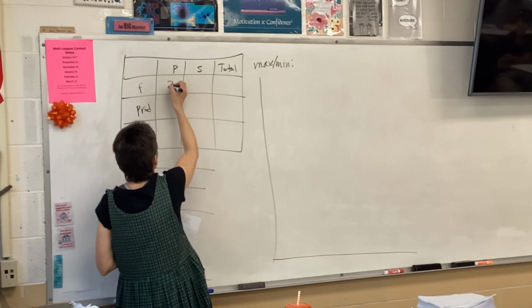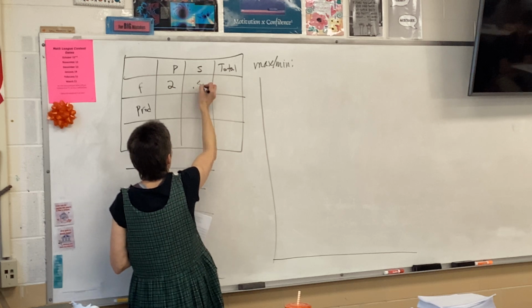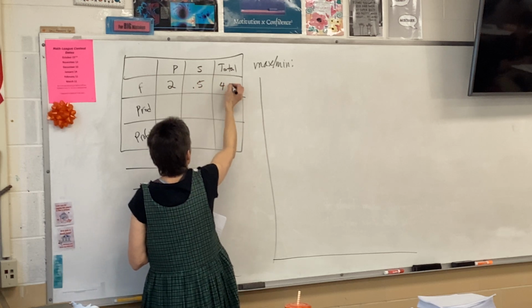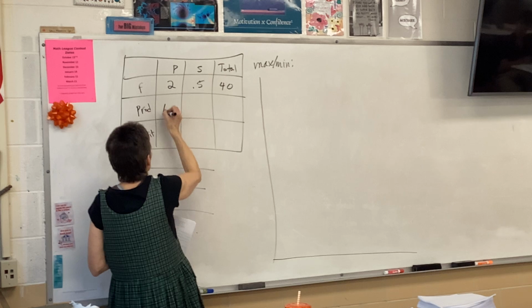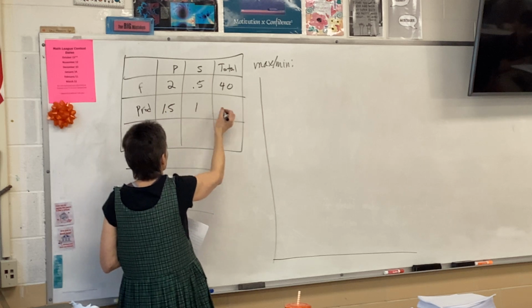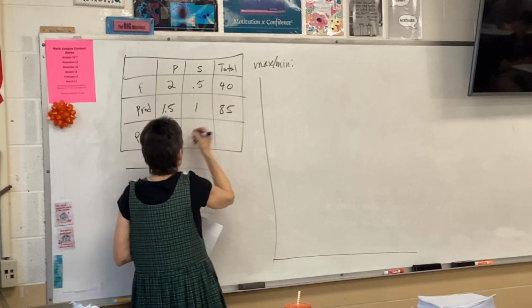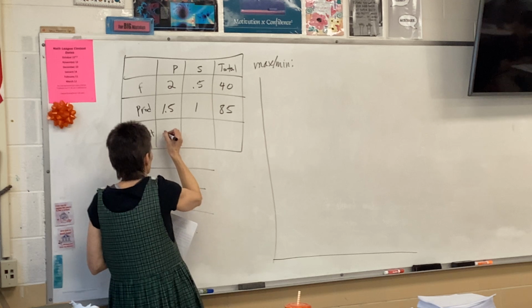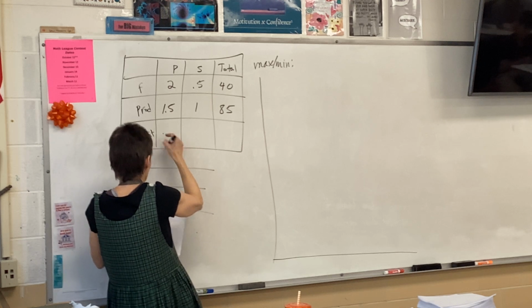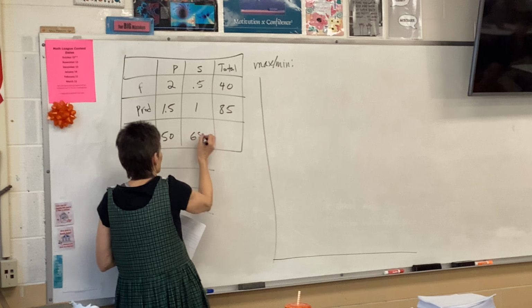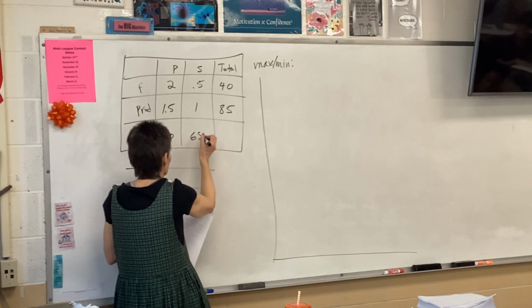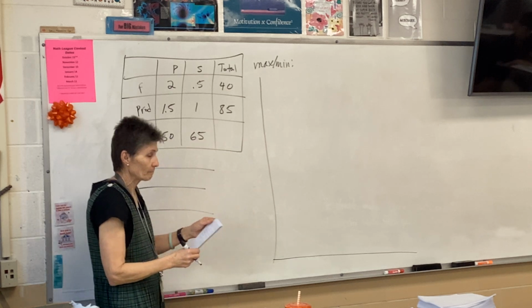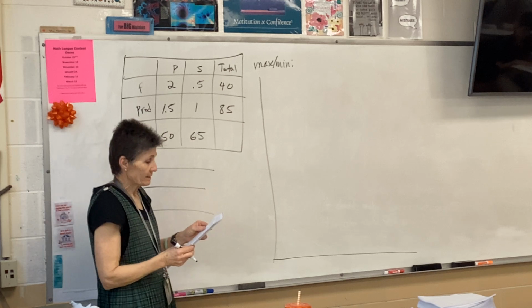32, 2.5, 0.5, 40, 1.5, 1, 85, 50, and 60. $50. Like that? All right, let's see, is he right?